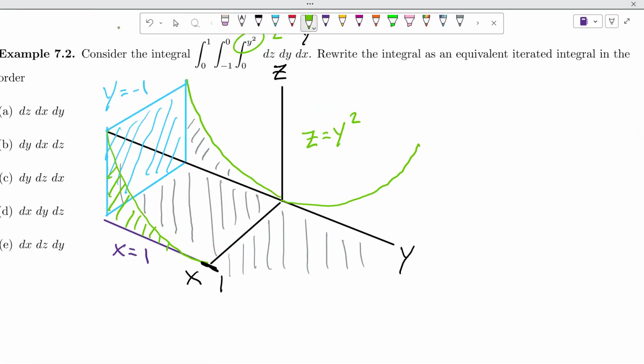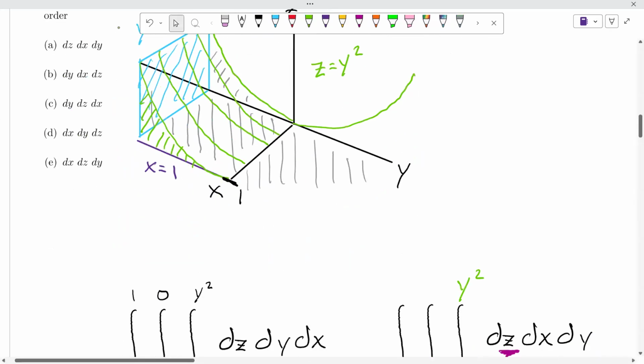So I want to be coming from the bottom where I'll first hit that plane, z equals 0, and then I will hit the parabola, or the parabolic cylinder, z equals y squared. Maybe that is a slightly easier to read diagram. So I start by hitting the gray shape and then the green shape.